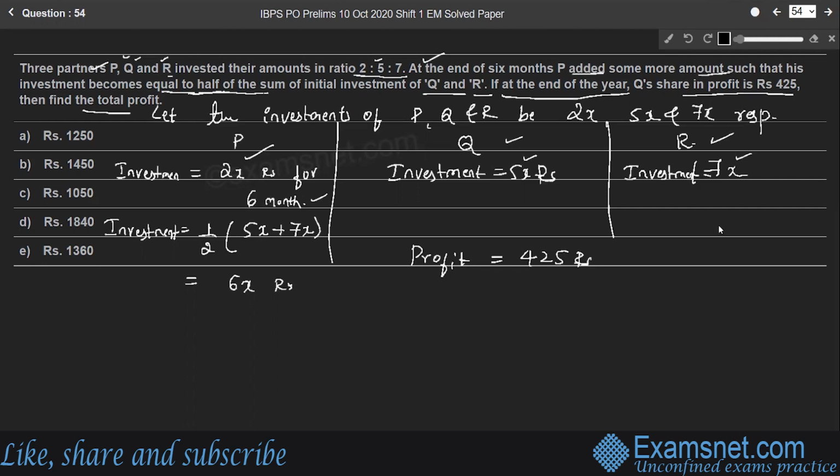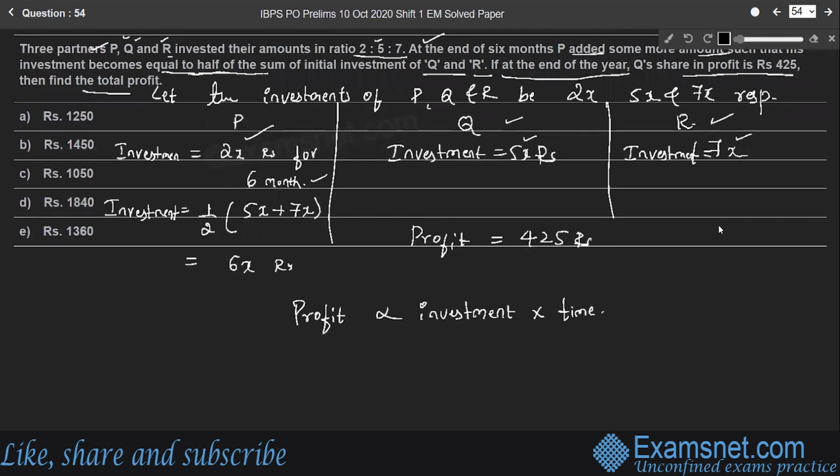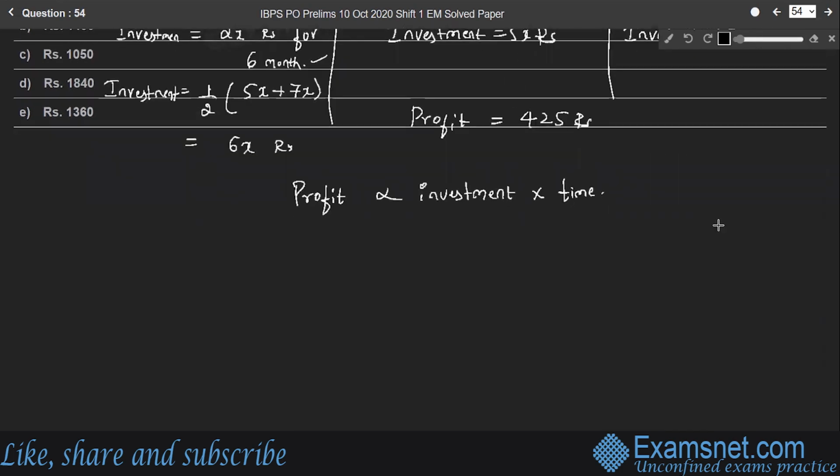We know that profit is directly proportional to investment into time. So we'll find the profit ratio first, and then we can find the total profit.